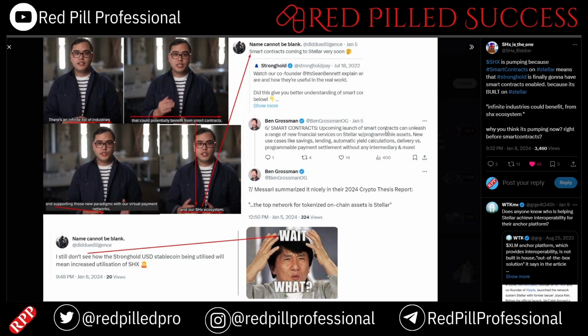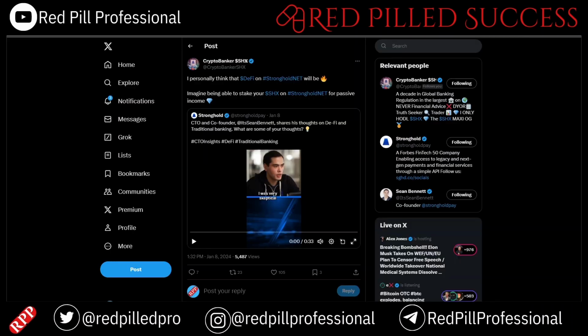Soroban is actually providing smart contracts that run on XLM. So obviously that makes things a lot easier, a lot cheaper, and a lot more efficient and a lot faster for SHx and for their USD token as well.